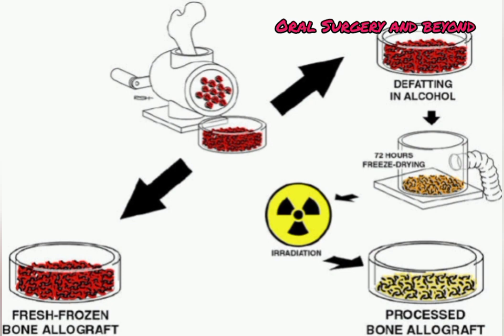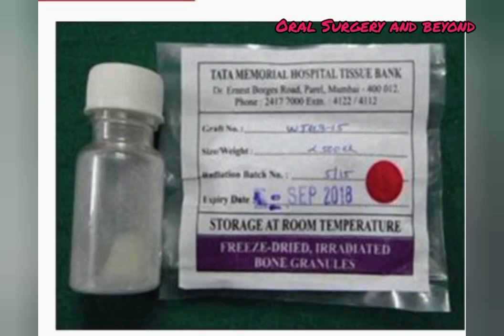The next bone graft is the allograft. The allograft is taken from the cadaver, from a dead person's body. As it is taken from a dead person's body, all viruses and bacterial infection should be eliminated by irradiation, and the freeze-dried bone procedure is done.